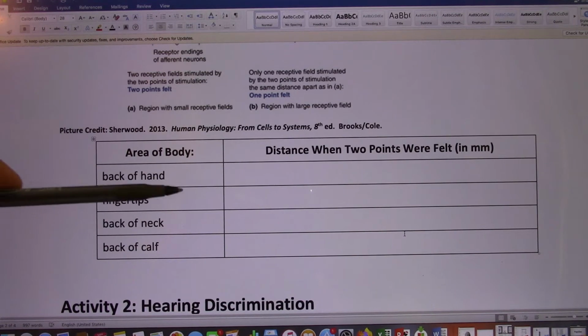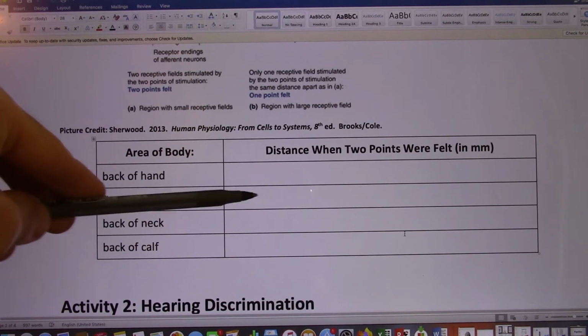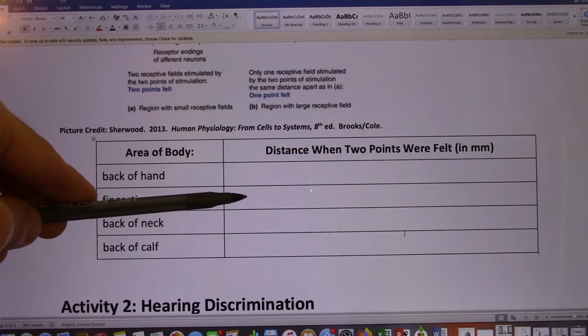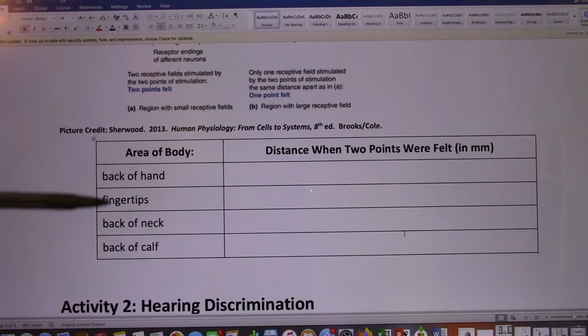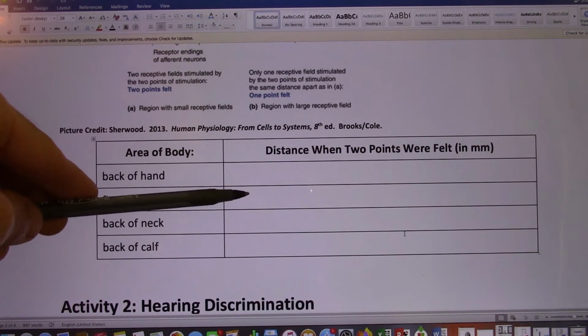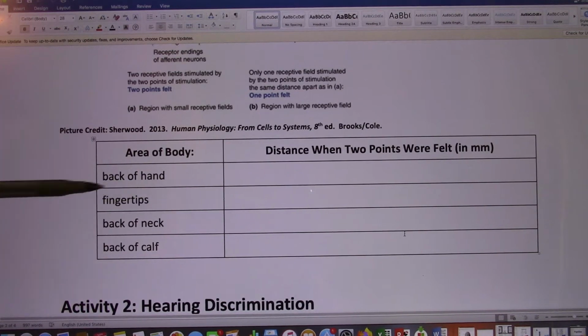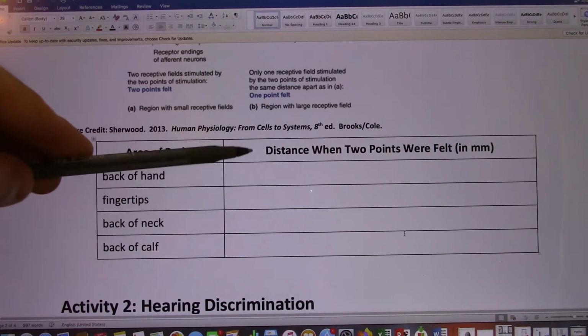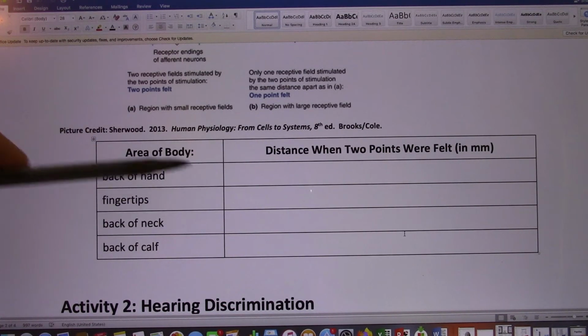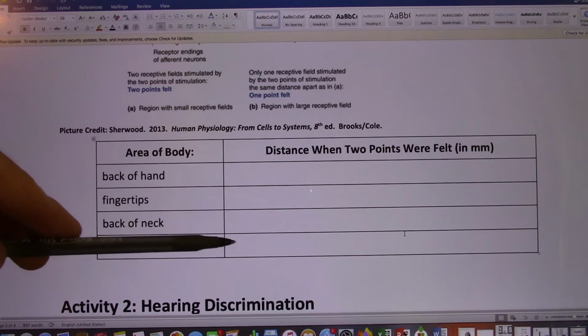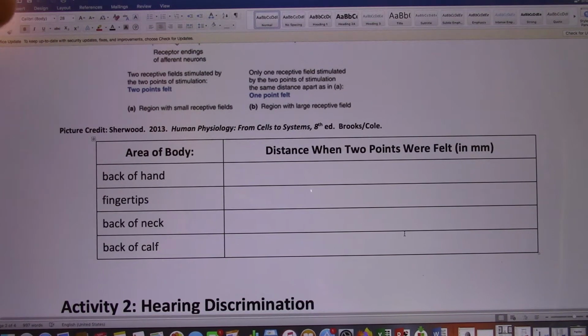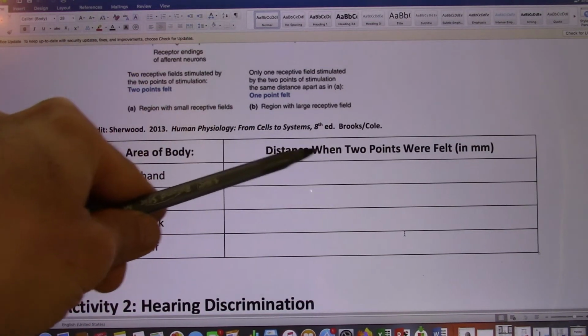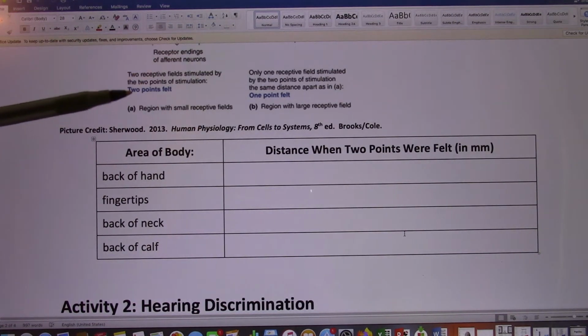The answer, of course, is your fingertips, because that's the most sensitive body part. In the class, we talked about your fingertips and your face, especially your lips. These are the sensitive body parts compared with the others. The other areas, your neck and your calf, will probably have a bigger distance when you reach your discrimination threshold. Okay, so that's the first activity.